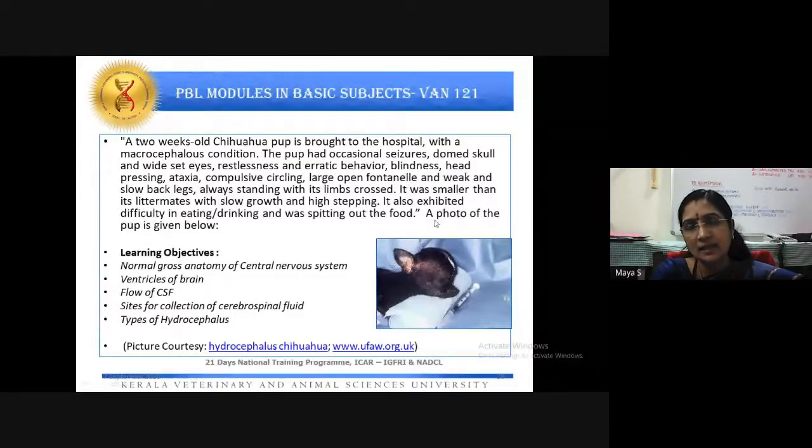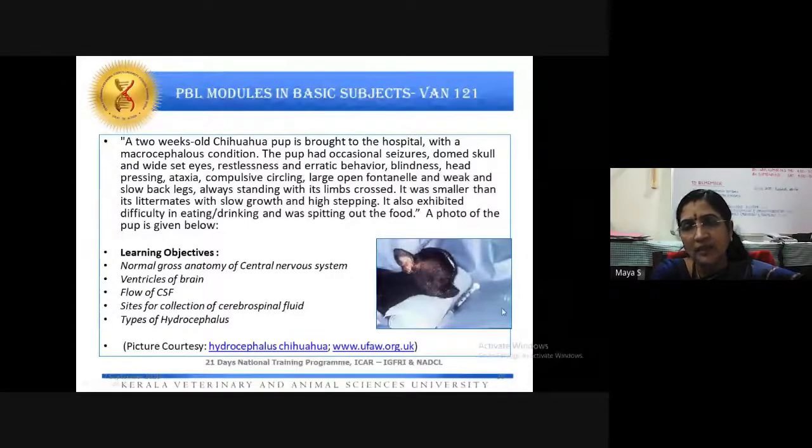So when we give this same problem in anatomy, we'll have a learning objective. See here, this pup is having a larger head. In anatomy, we teach the normal structure of an animal.